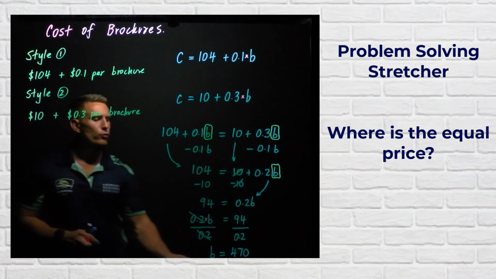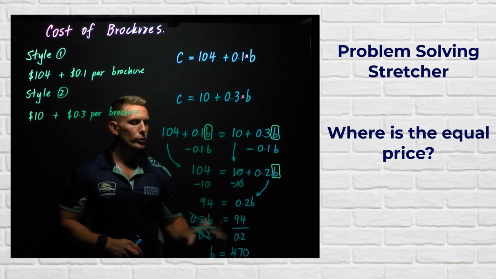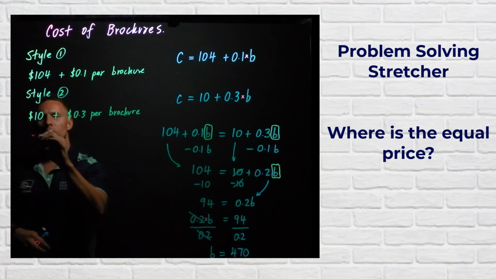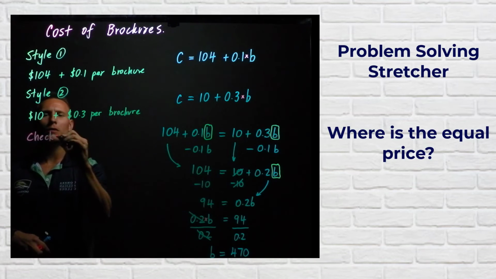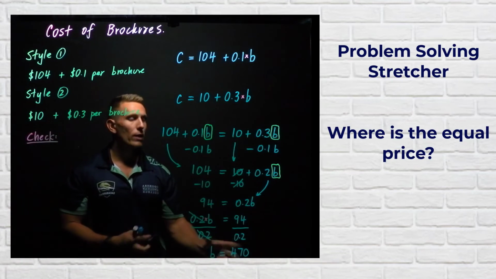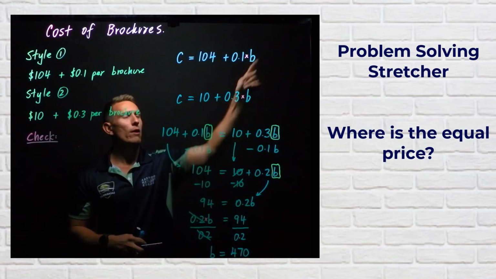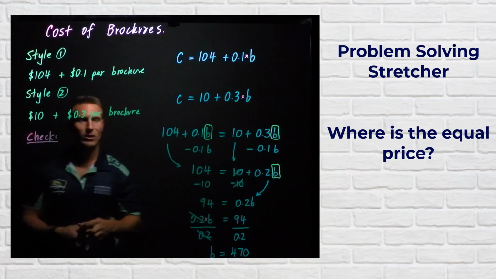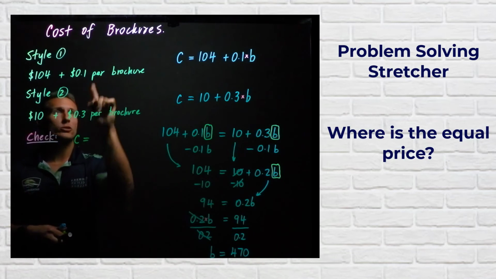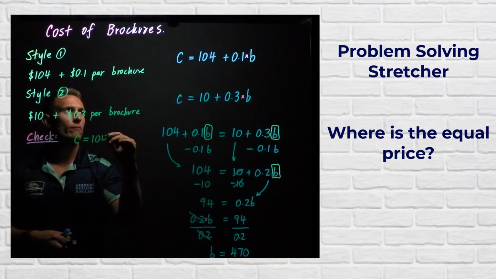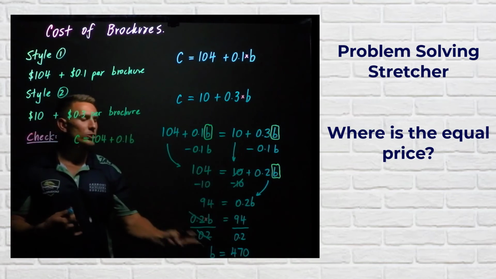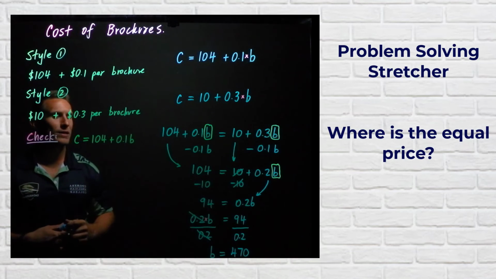Okay, so we've solved the problem. We've worked out how many brochures we need to sell in order for the cost to be the same. But let's check our solution. We're going to quickly substitute our value for b, our number of brochures, back into our equations to see if the cost is actually the same. I'm going to write out my equation for style 1, 104 plus 0.1b, and substitute in 470 in place of b.